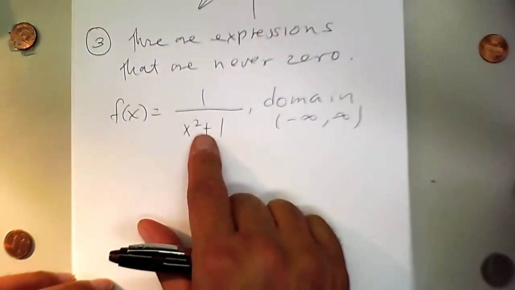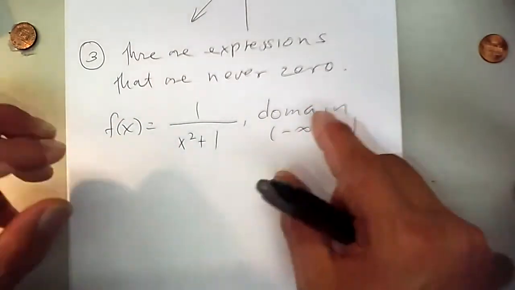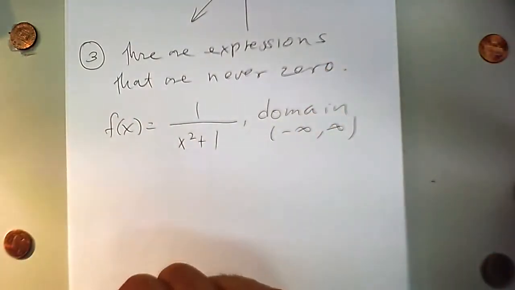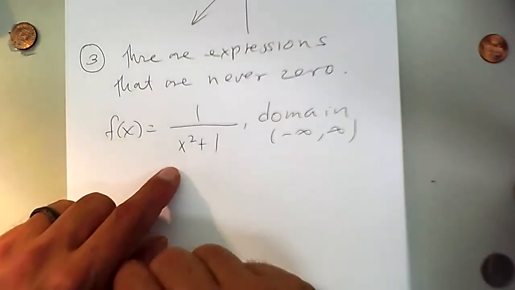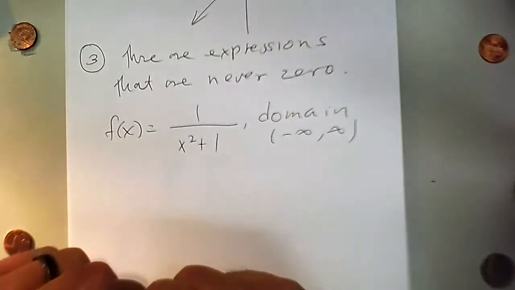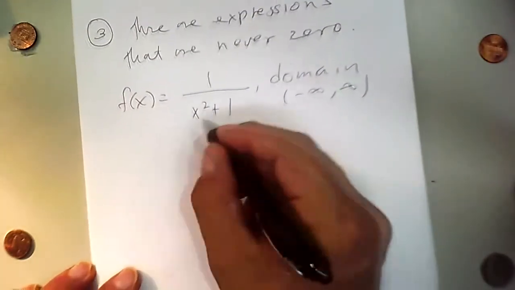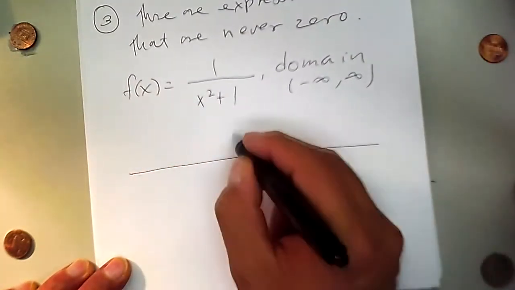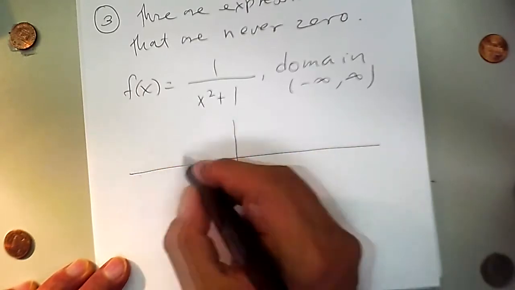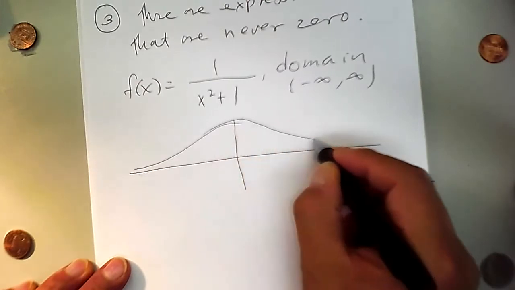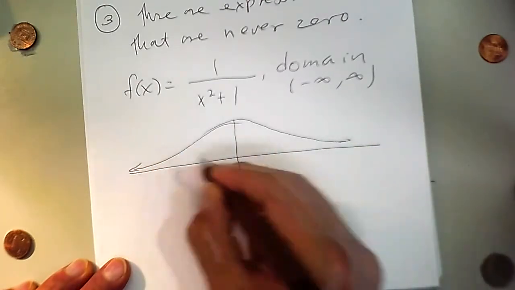So there's a lot of things we have to remember in this video, such as x squared plus 1, not to be confused with x squared minus 1. So the graph of this is a bell function. It is not the statistics bell function.